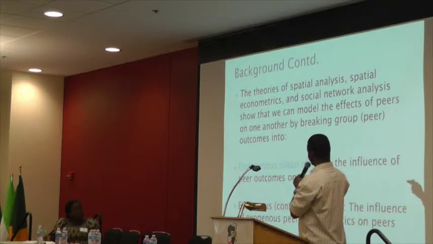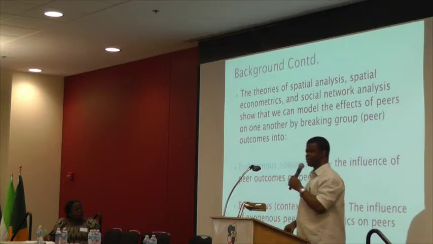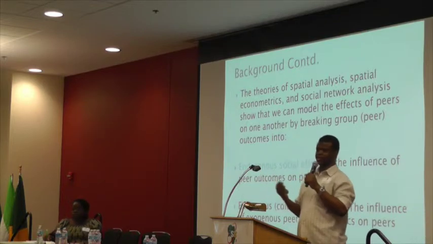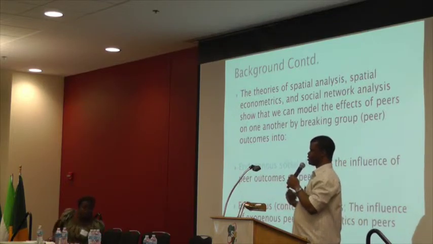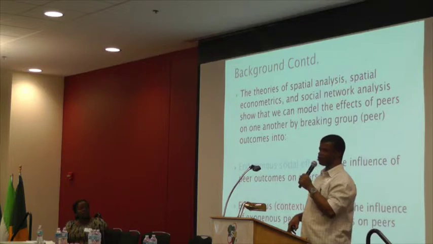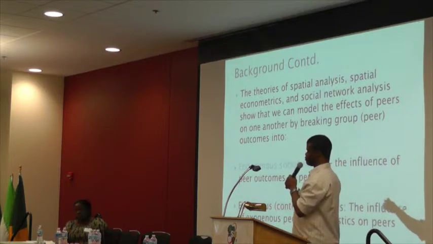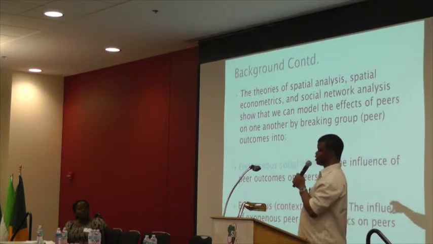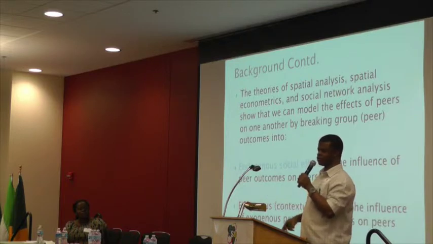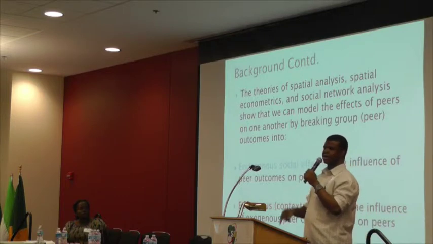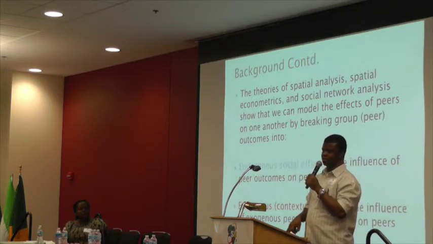So from that concept, we have what's called endogenous social effect and exogenous social effect. If you have 3 people in a group or 10 people in a group, the tendency for me, for example, belonging to that group and reflecting the predominant outcome of the group can be divided mainly into two keywords: endogenous social effect, which is actually the peer effect, and exogenous social effect, which is the influence the characteristics of the group bear on me.